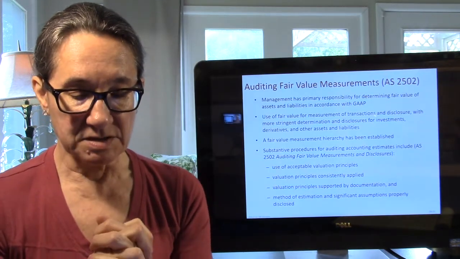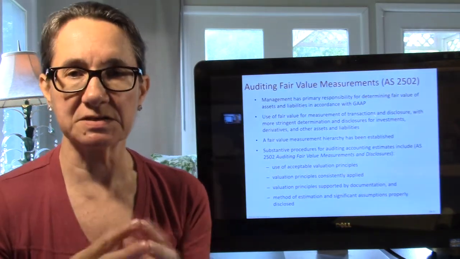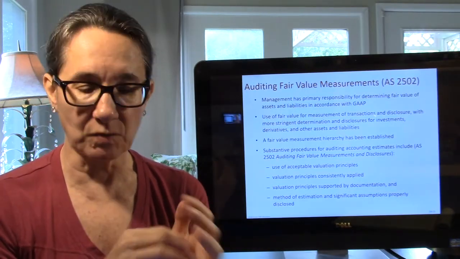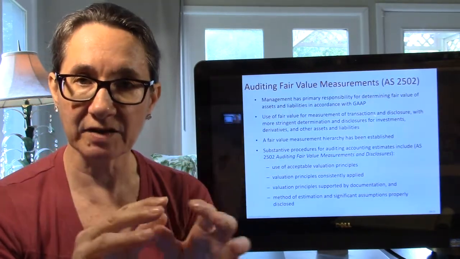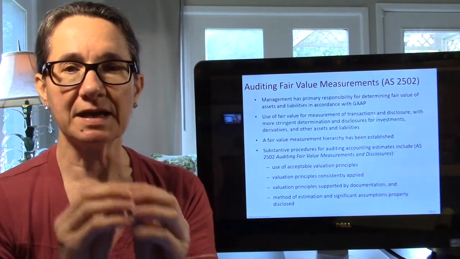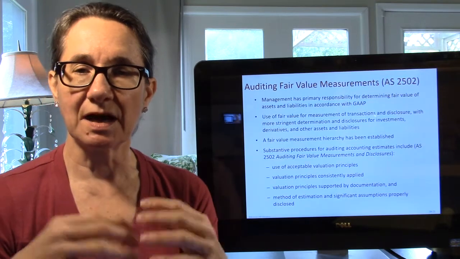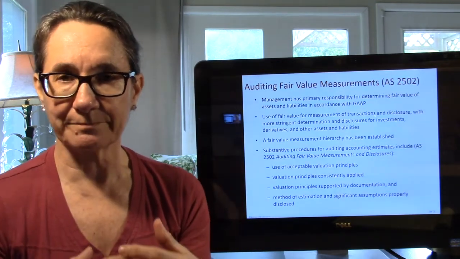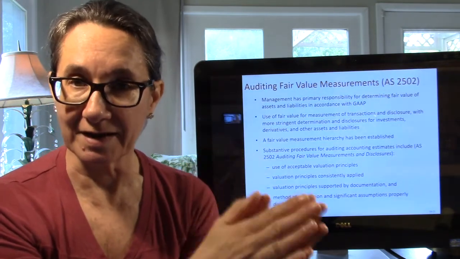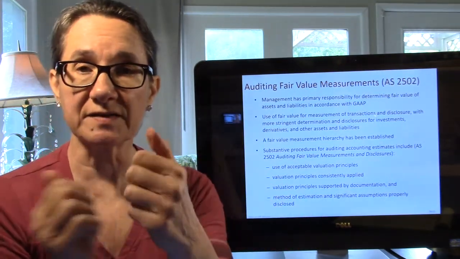All right? So who's supposed to do that? Management, right? So as auditors, the main thing that we're auditing for with respect to fair value measurements is management making reasonable assumptions about the fair value, right? It's management's job to value their own assets. We're just auditing management's job.